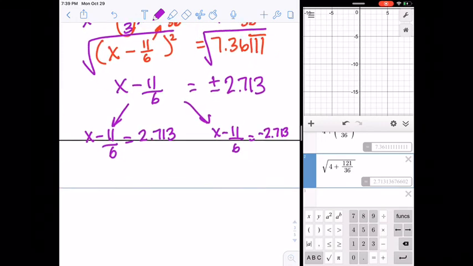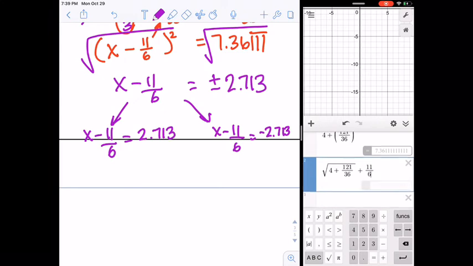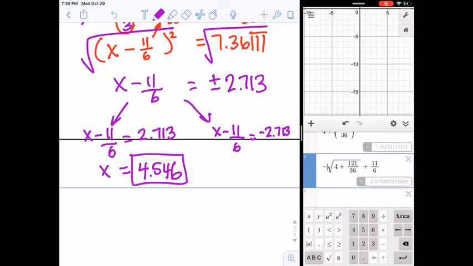There. So I'm going to go ahead and add 11/6 on both sides. So I'm going to add 11 over 6 like this. And I get x equals 4.564 as one of my answers. Or I might have had the negative version of this that's being added there.